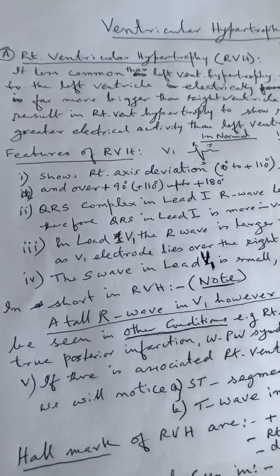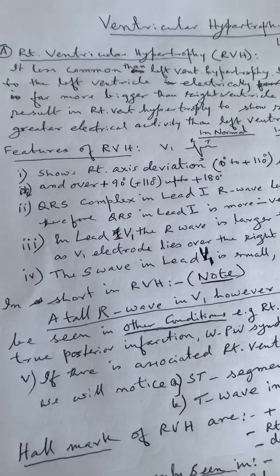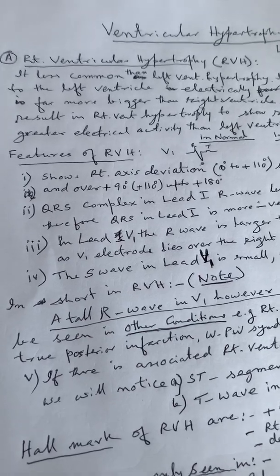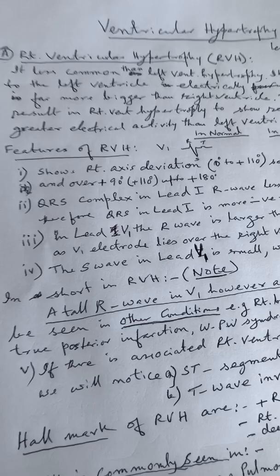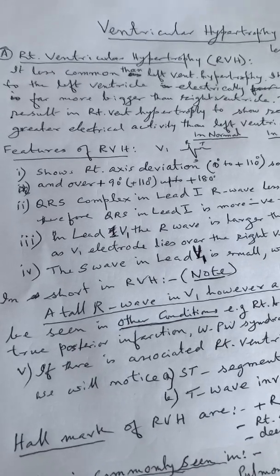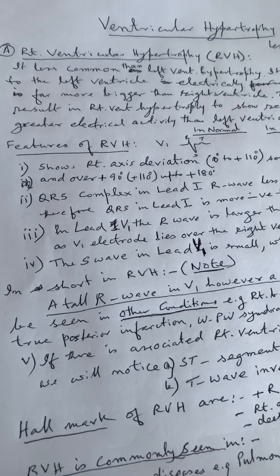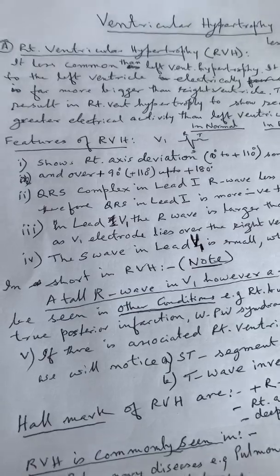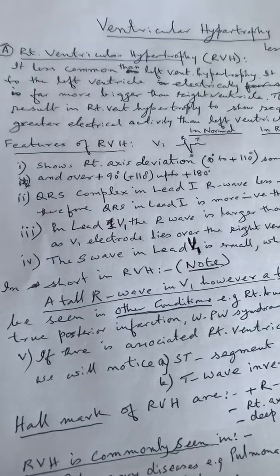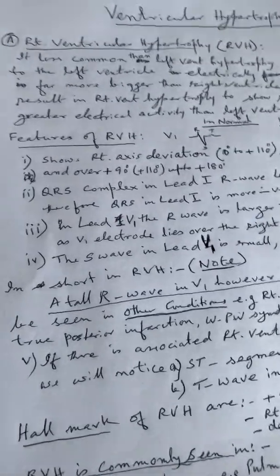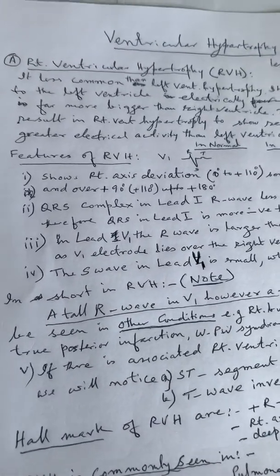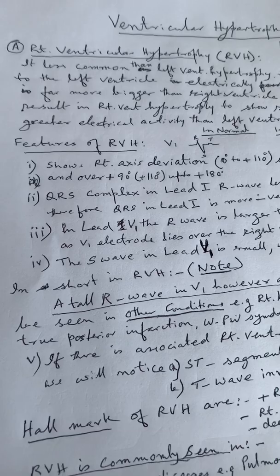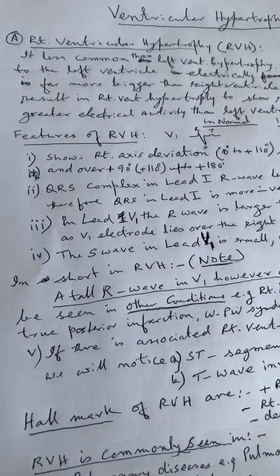Now if the outflow of blood is obstructed, then the ventricle has to pump against resistance to put the blood out of the ventricle, and if this remains for some time, it results in right or left ventricular hypertrophy.